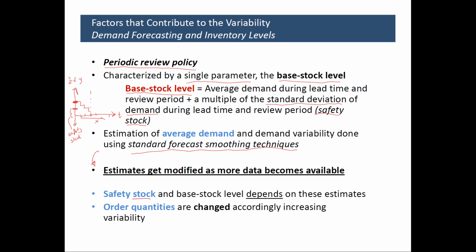So the safety stock and the base stock level depend on these estimates of the average demand during the lead time, and the order quantities are then changed according to the induced variability of the demand. And this is what we have also seen and done in the online game.